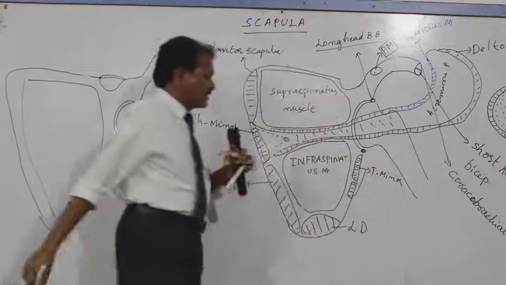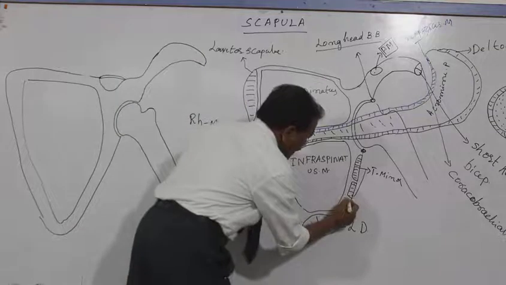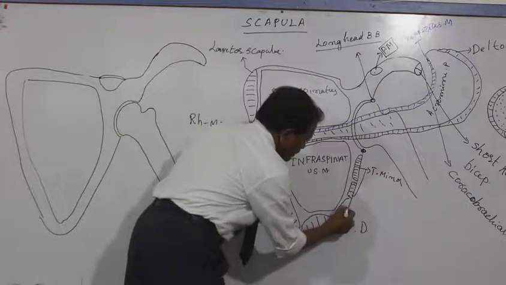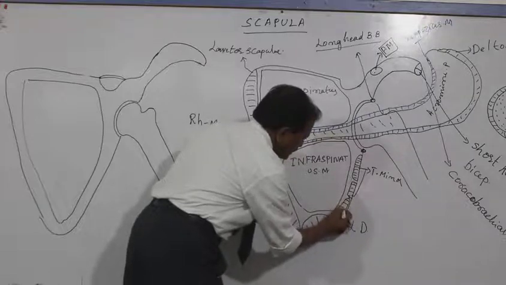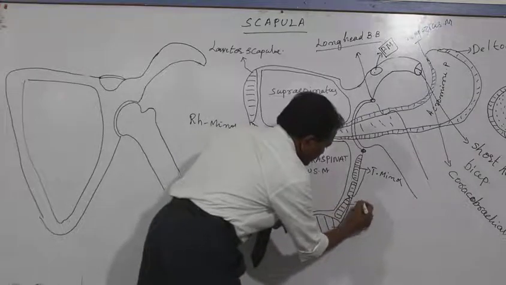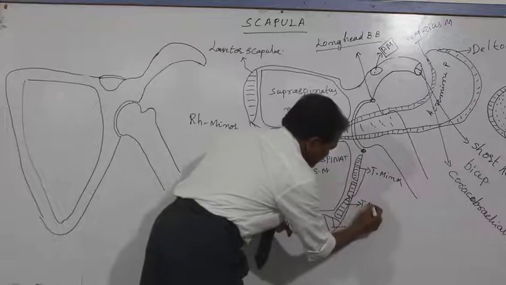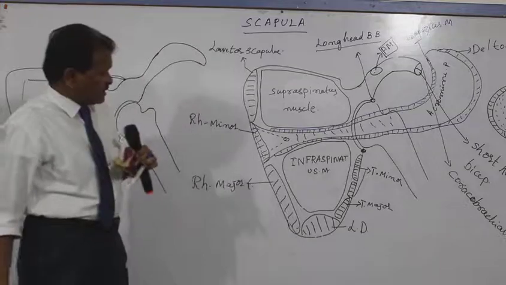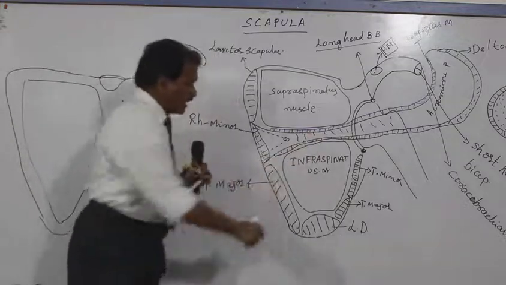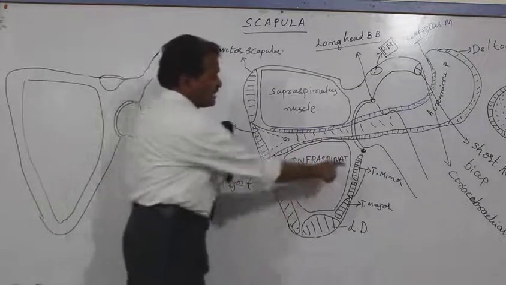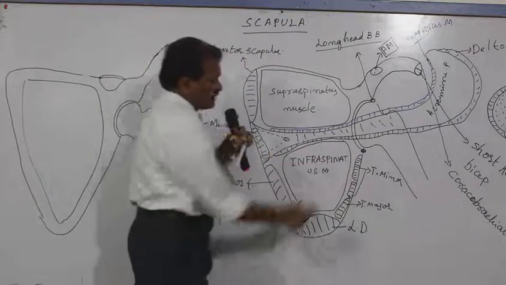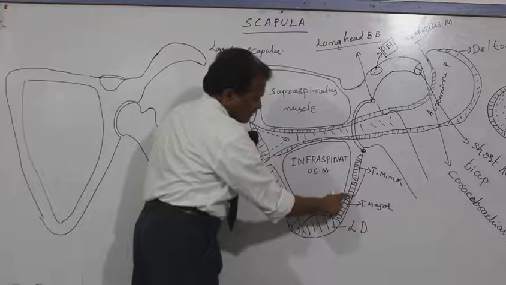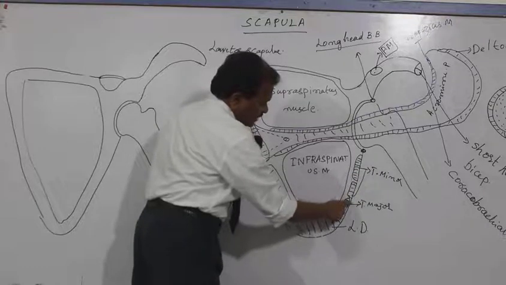This is for the teres minor muscle. And below this, on the dorsal surface along the lateral border, there is the origin for the teres major muscle. Around the infraspinatus muscle, there is the origin of the long head of the triceps. On the lateral side there is the teres minor by two digitations, and the teres major.